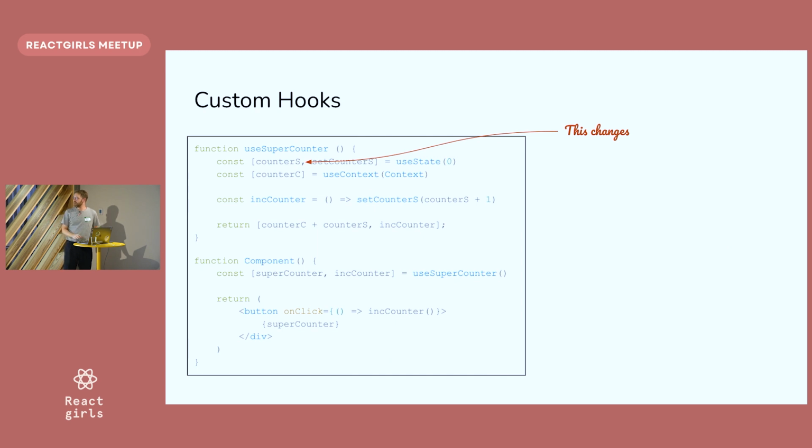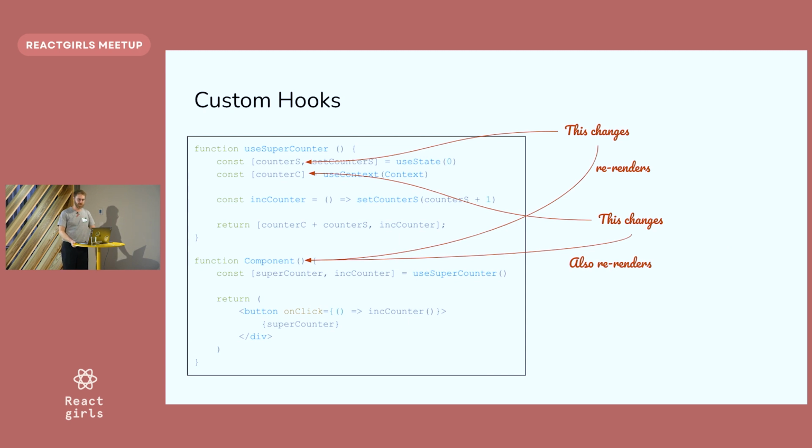If the state changes in this custom hook, the component will re-render, right? Makes sense. We've seen this already from before. If the value from the context also changes, the same also triggers a re-render of the component that's using this custom hook.